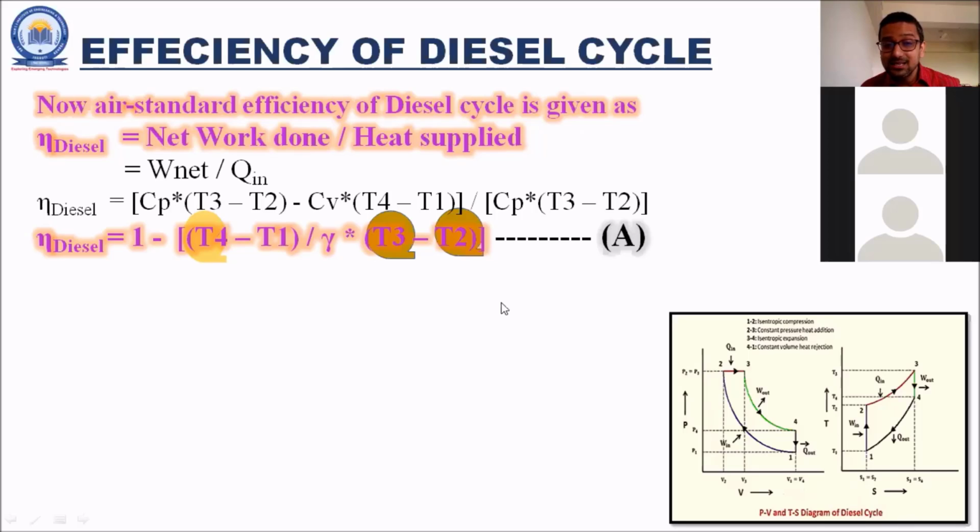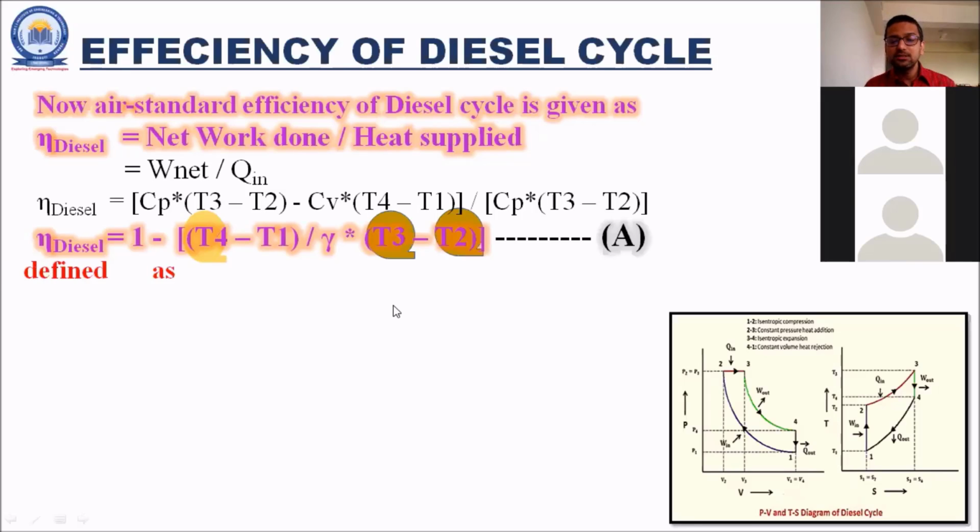Because of this reason, I have highlighted these three temperatures. I am repeating the point once again: now we will be calculating the values of T2, T3 and T4 in terms of T1.